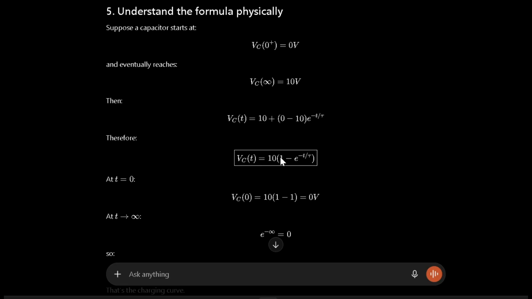Therefore, Vc of t equals 10 times (1 minus e power minus t by Tc).